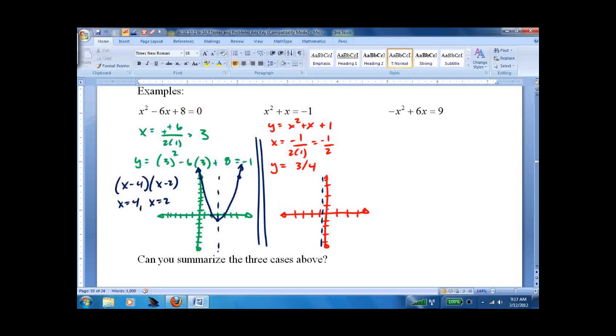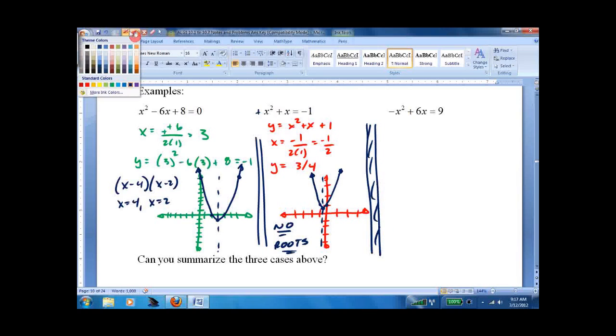I go to 3/4, right about here. It's positive out front, so it's going up. It's going to hit here at 1. It's not going to hit the x-axis. So I'm just going to write out here, no roots. Don't have to bother factoring. It's not going to hit. There's no roots.